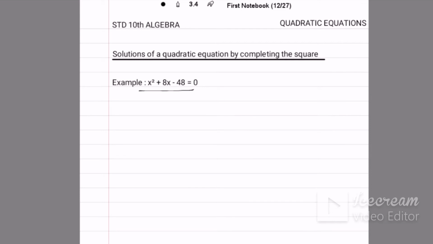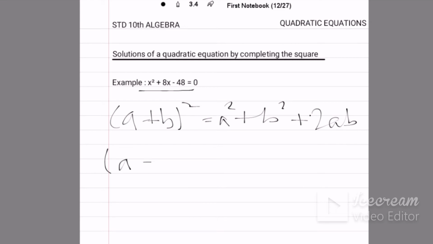to 0. Now we have to convert this equation into a complete square. That means we have to use these two formulas, that is (a plus b) whole square is equal to a square plus b square plus 2ab, and the second is (a minus b) whole square is equal to a square plus b square minus 2ab.